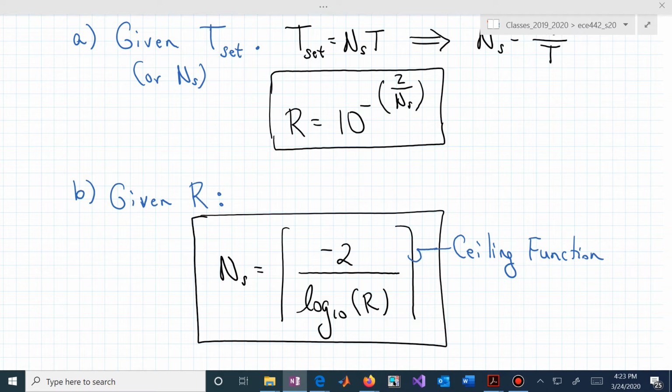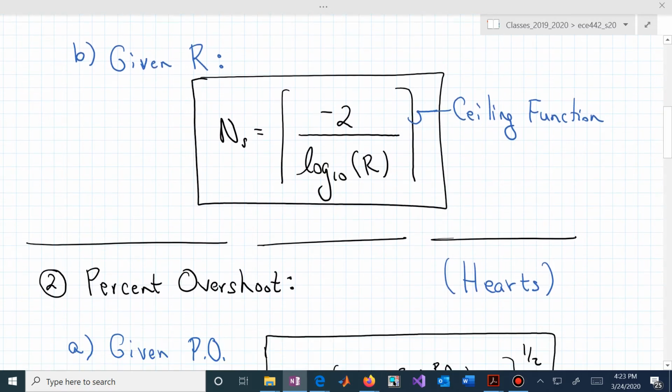So if somebody gives you r, you can compute the number of samples corresponding to the settling time in the Z-plane. And remember, for settling time, the radius has to be inside the unit circle, so r needs to be less than 1.